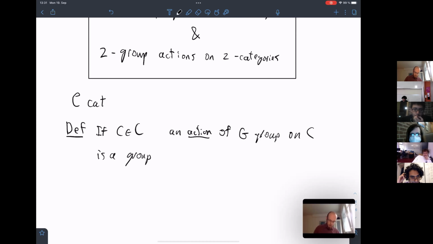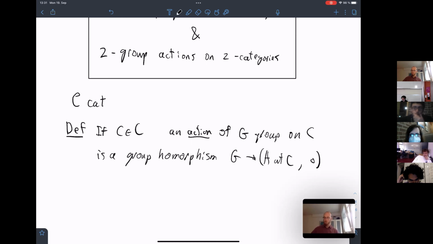So think, for example, of C being sets or vector spaces, and you recover the notion of an action, from G to the automorphisms of the object, and that's a group if you put it with composition.